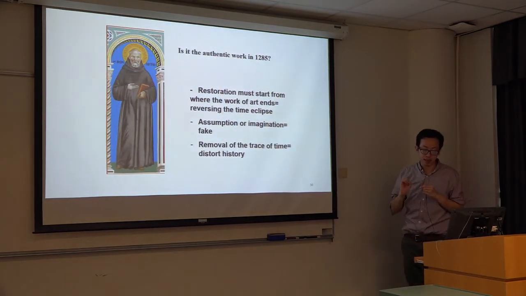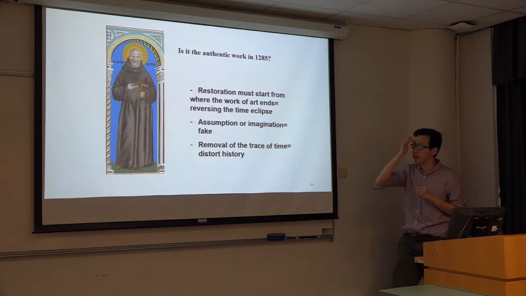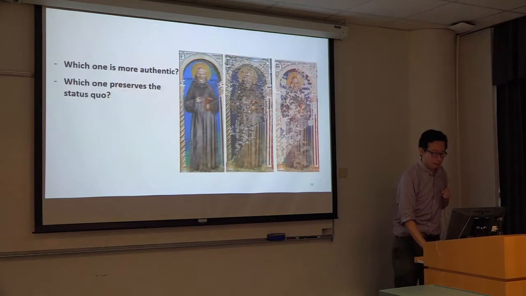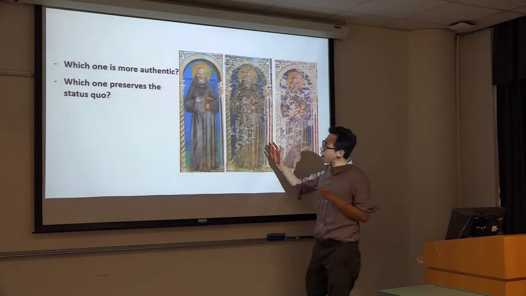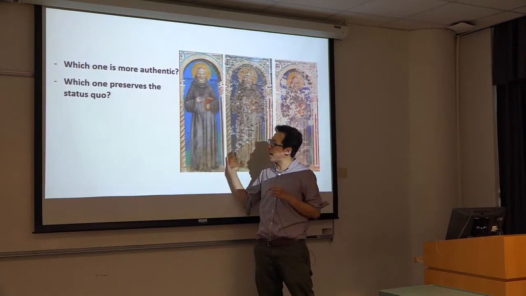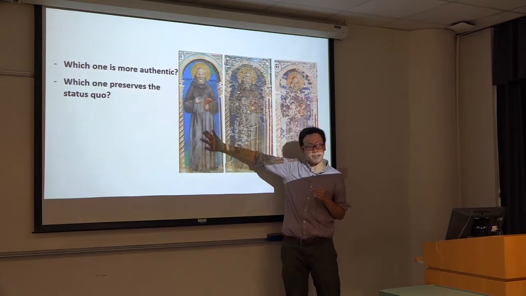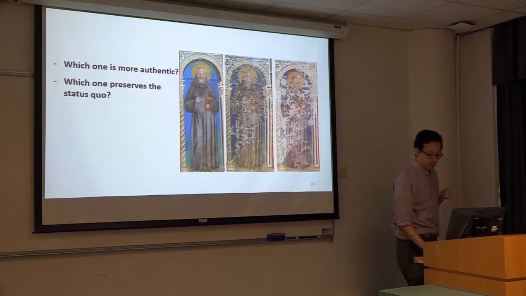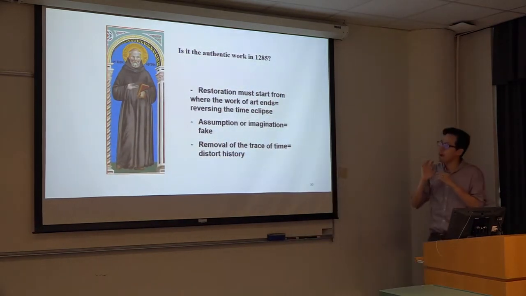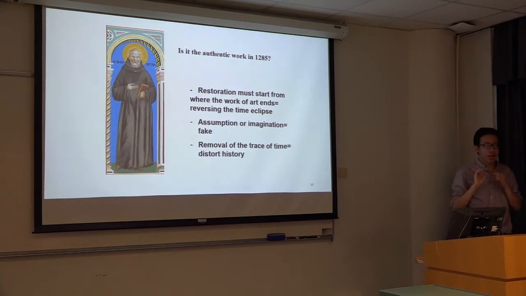But here is the very critical issue we need to think about. If we do the conservation and we restore everything back to this stage, then we will have quite some challenges.